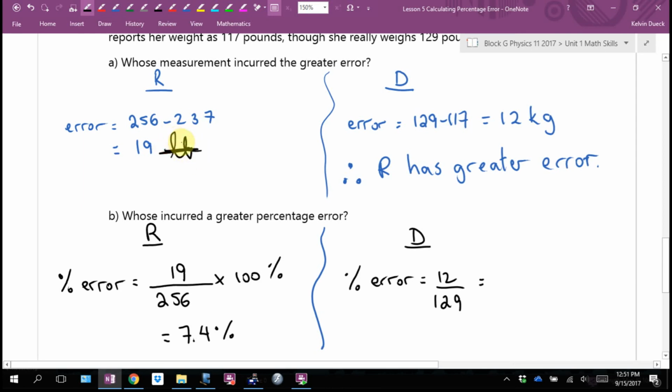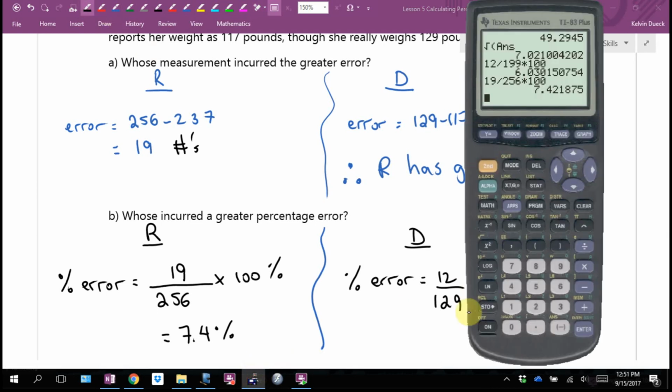That's a stupid abbreviation. I'm going to use the pound sign. And then I should multiply this by 100 to get it as a percentage. And I get 9.3? Yes?